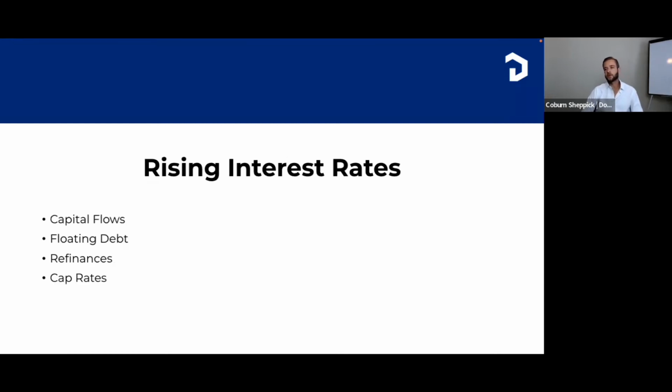Rising interest rates, which we're experiencing now, we just had another 75 basis point hike, so it's going to be interesting to see what that looks like. Rising interest rates cause distress because of capital flows tightening, more strict underwriting processes, and less capital maybe flowing into a certain market or asset. Floating rate debt is definitely going to be affected by rising rates.